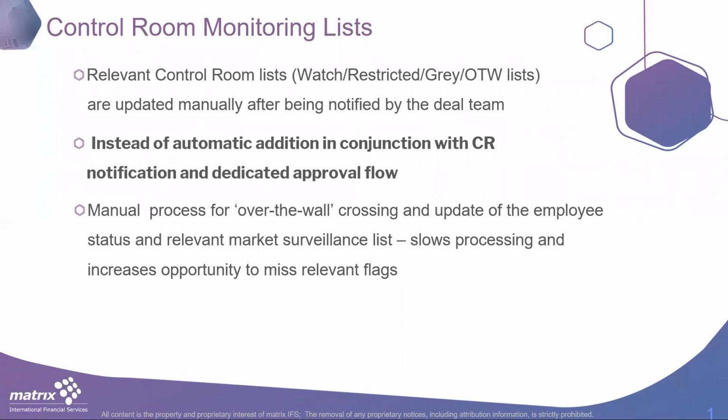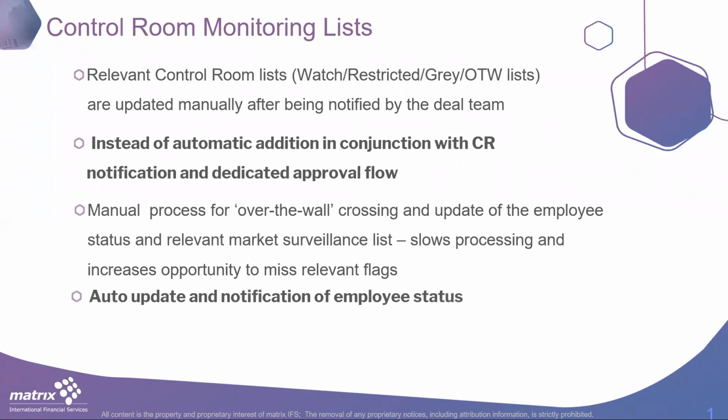And once an employee has been crossed over the wall, the different monitoring and detection scenarios have to be updated with all the information. Instead of adding this manually, asking the control room to do so, we offer a way that we find is really error-free and much more rapid, and which also notifies all the people relevant to the deal, as well as the employee himself, his manager, HR, etc., wherever needed according to your workflow.